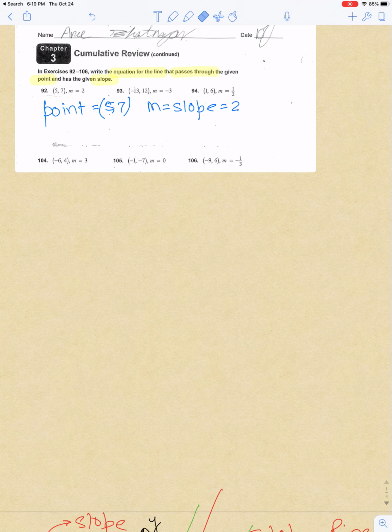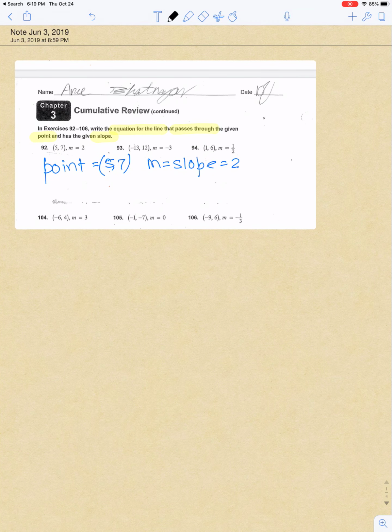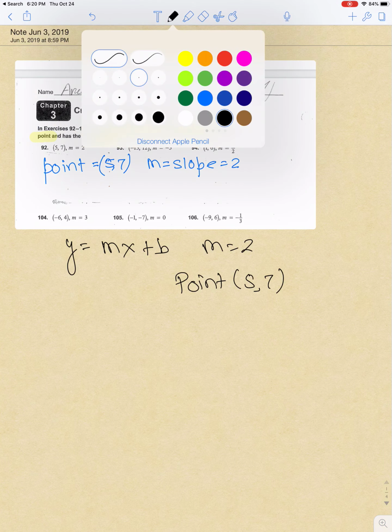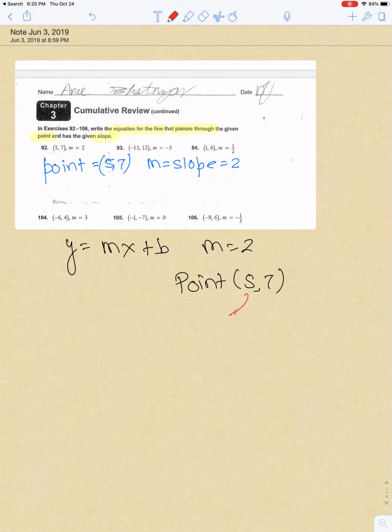Okay, so now we come back and we can now solve this equation. So what is it? I have to draw a line which has a slope of 2 and it goes to the point 5, 7. So remember, every line has an equation which is y equal mx plus b. Well, what do I know here? In this case, m equal to 2, and there is a point which is given as 5, 7. Well, in 5, 7, what it means is that this is equal x and this equal y.